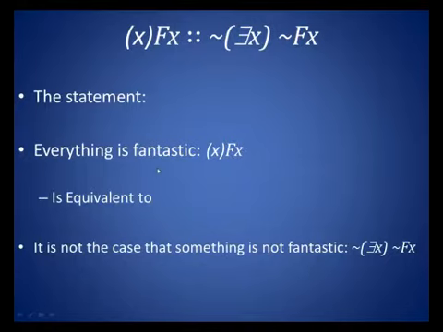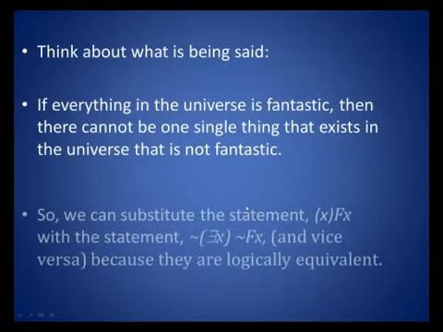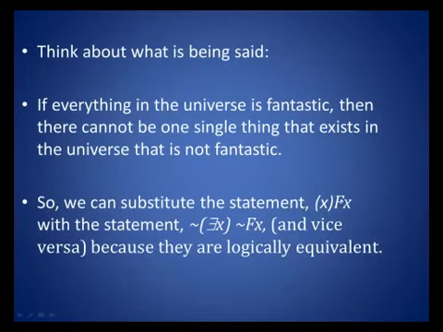If everything is fantastic, then of course there is not one single thing that exists that is not fantastic. So these two are logically equivalent. Therefore, we can interchange them back and forth. So I can take an all x, Fx and change it to a not the case there exists an x such that x is not F. And I can take the negated existential statement, I should say, and replace it with this universal statement. We'll do some examples towards the end.